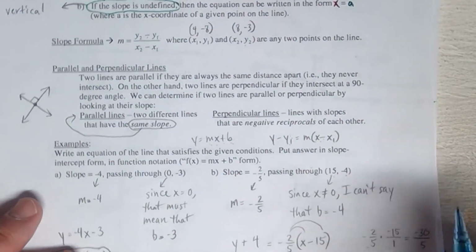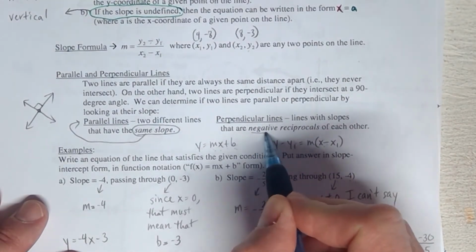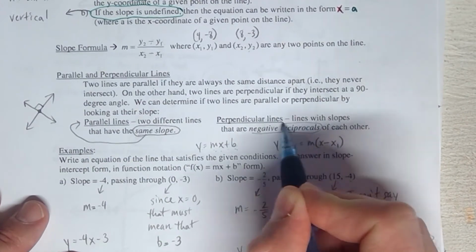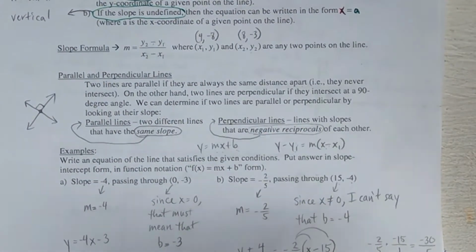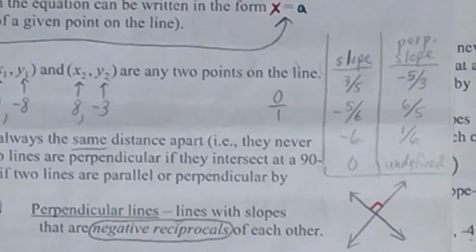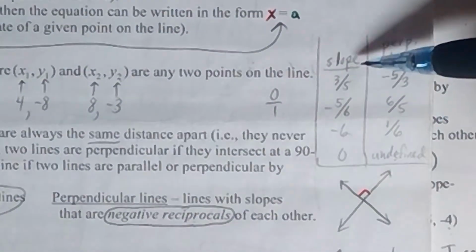But how do we use that here in this section in regards to slopes? Perpendicular lines have slopes that are negative reciprocals of each other. Let's talk about that. It's just like it sounds, though. Remember, a reciprocal means you flip a fraction over. Let me show you some examples of that from some previous notes that I had. Same notes, though. I just added some additional details.